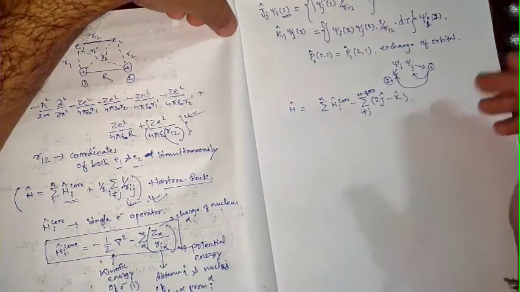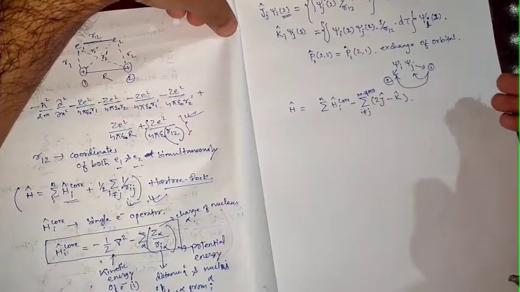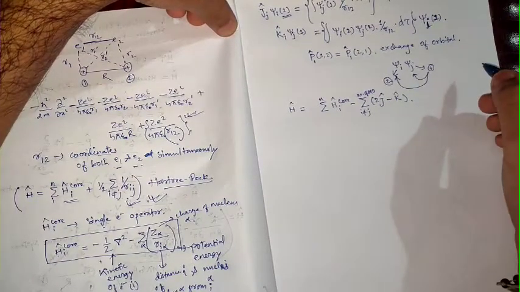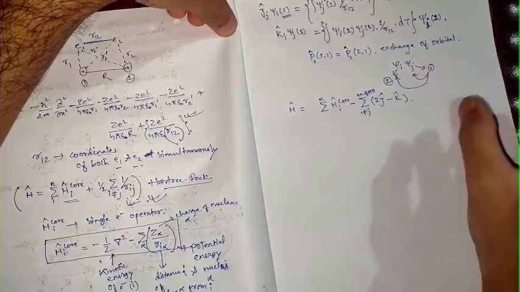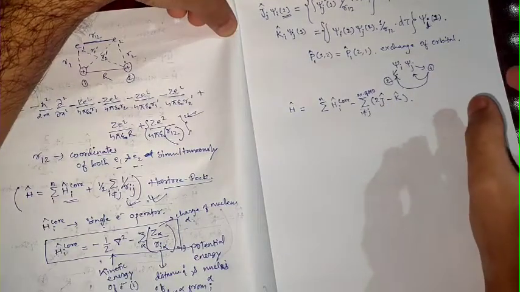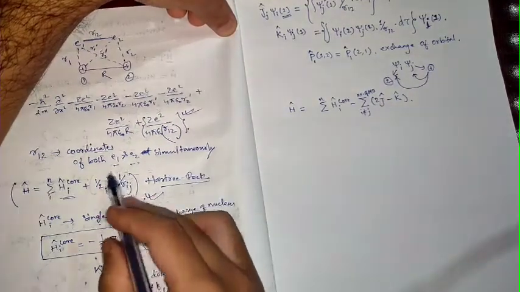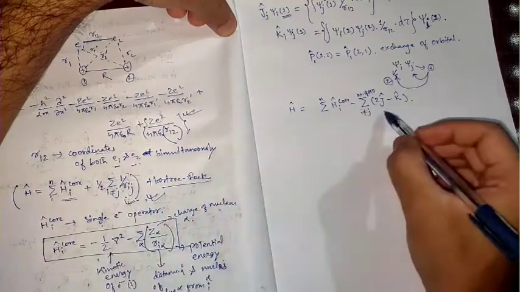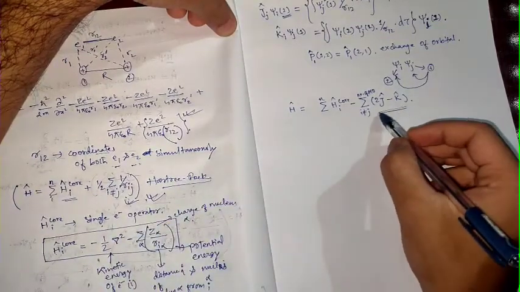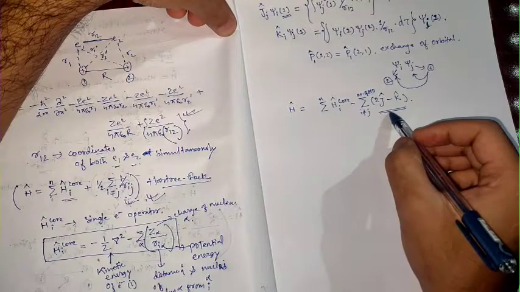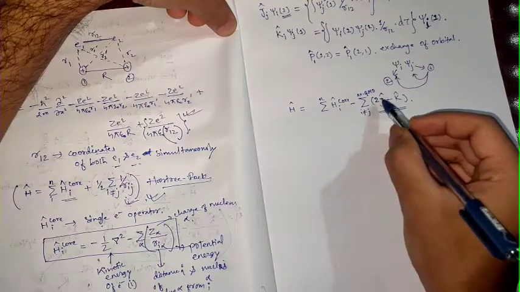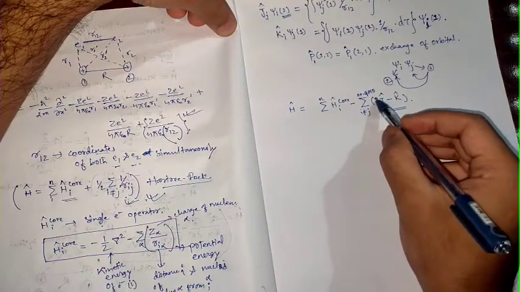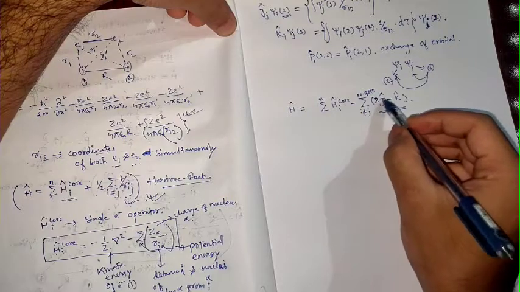That is the overall value that we can get from the Hamiltonian. If we solve this second part, we will get this value. And here we have to give 2 because there are 2 electrons in each orbital, right?